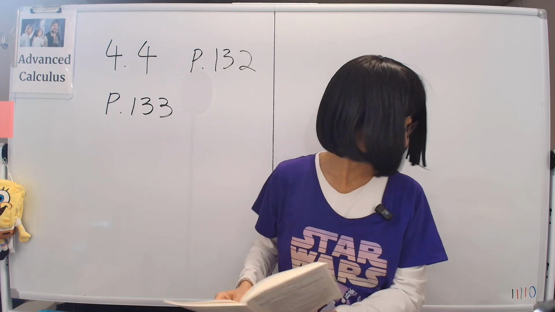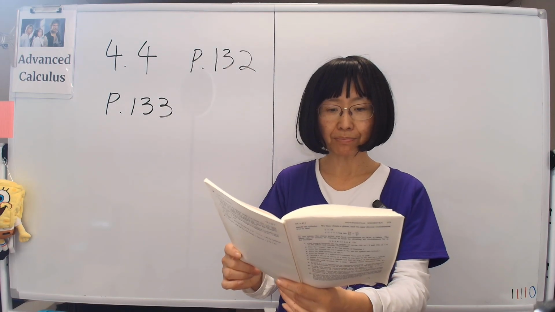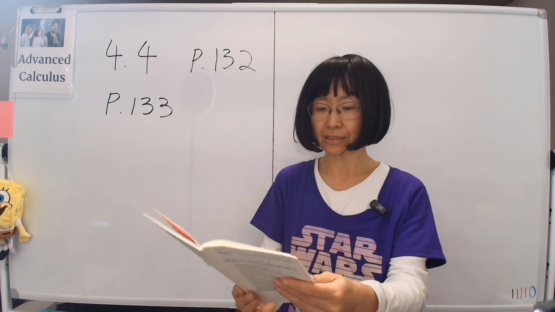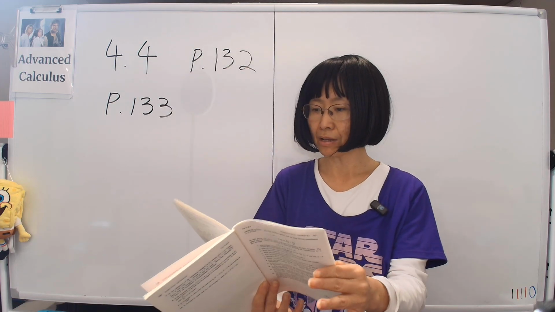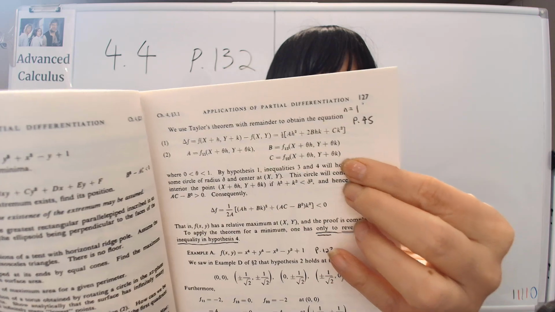Well, in a similar case as we did before, we're going to use Taylor's theorem. We do the same thing as page 127, where we had Taylor's theorem explained, ending up like this, given that the first derivatives are all 0.